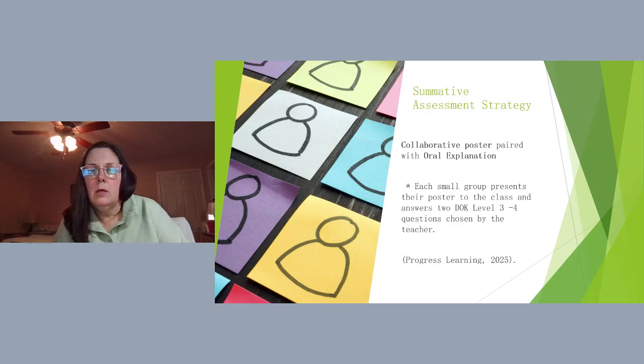And one from a depth of knowledge question in level 4, like, how could your poster help other students learn the rules?